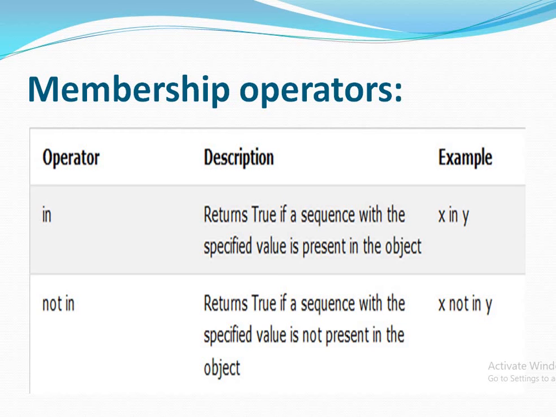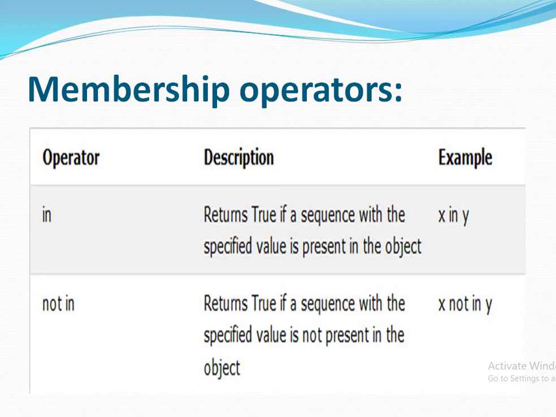If the sequence exists in the right-hand side variable, then only the membership operator will return true, otherwise false. Let me clear it once again: say the value of y is ABC and the value of x is only A, or maybe AB. It will check whether x is in y or not. If x is in y, then this operator will return true, otherwise false.